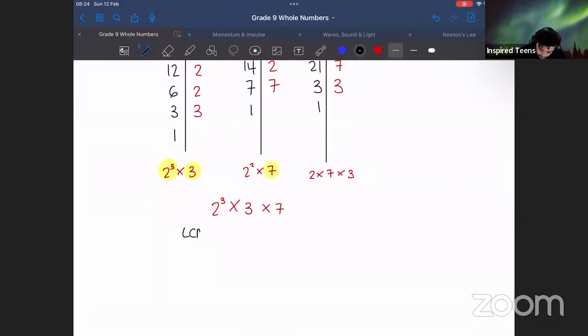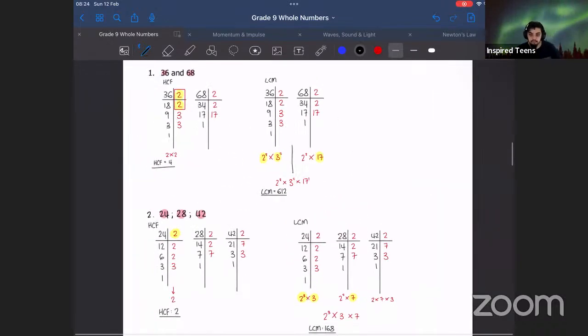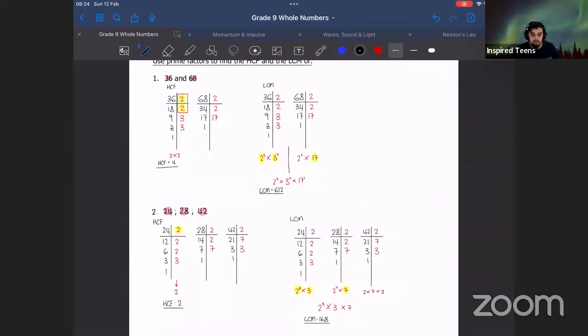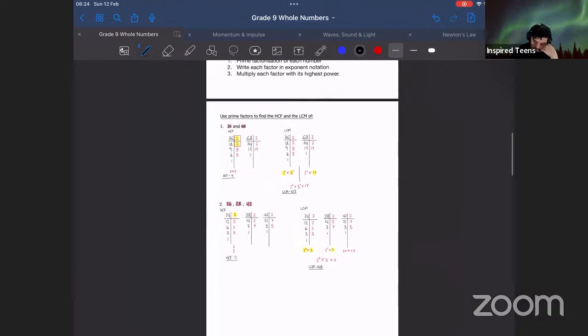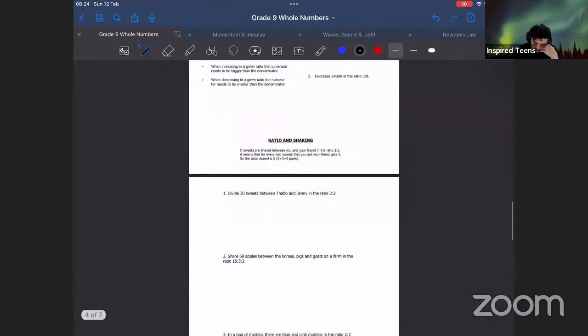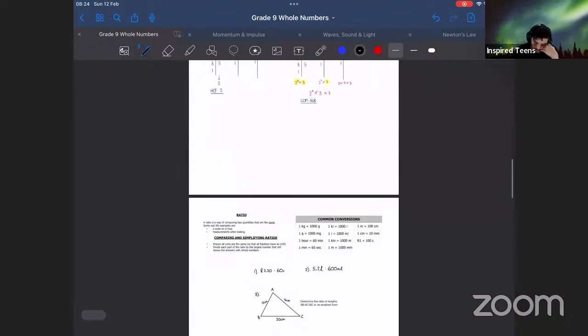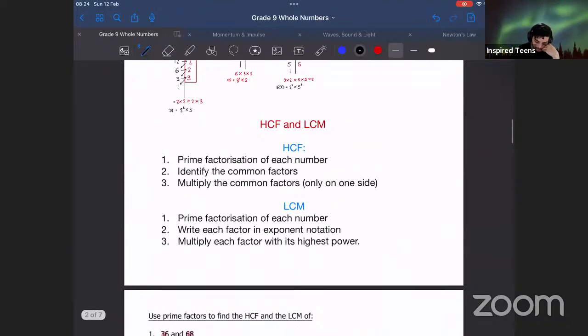So my lowest common multiple is 168. Okay, cool. So that's 2 numbers and 3 numbers, HCF and LCM, done. Let's move on.